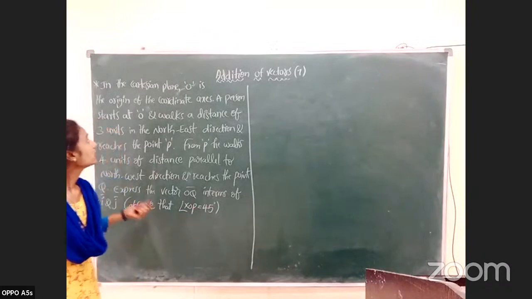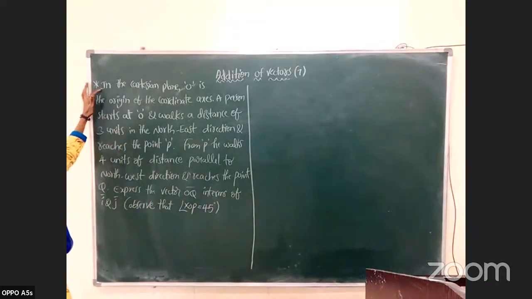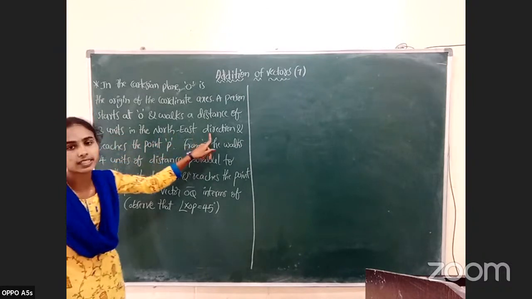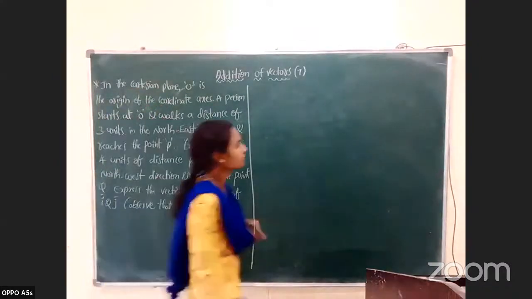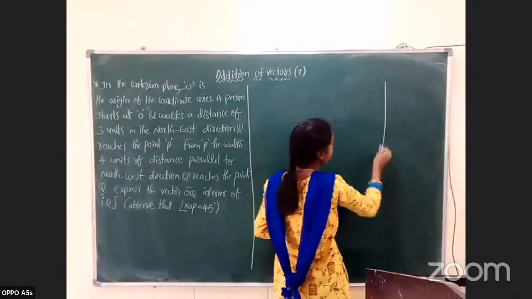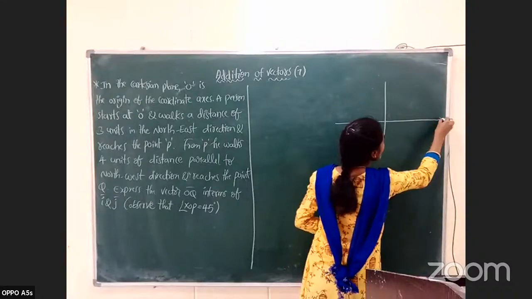The question is, they give a Cartesian plane with O as the origin. So a person starts at O and walks a distance of 3 units in the northeast direction. So first of all, take a Cartesian plane, which is nothing but a coordinate system.